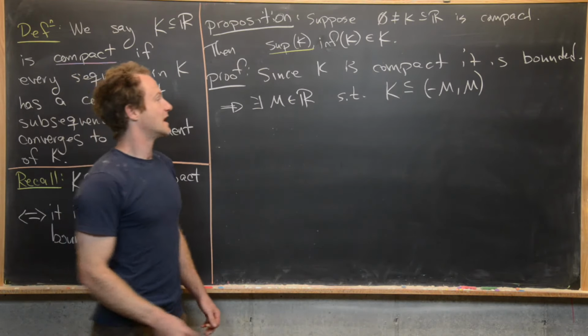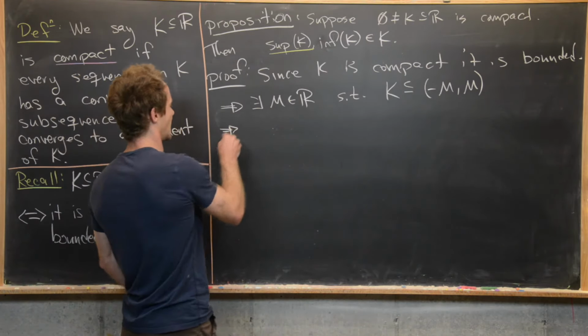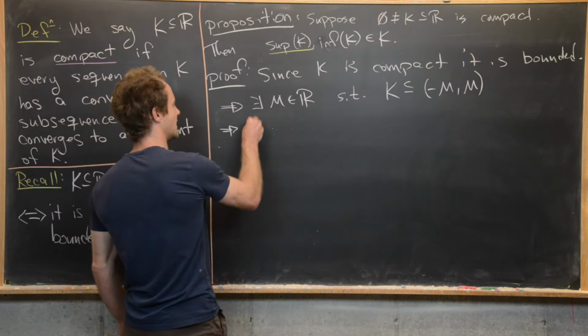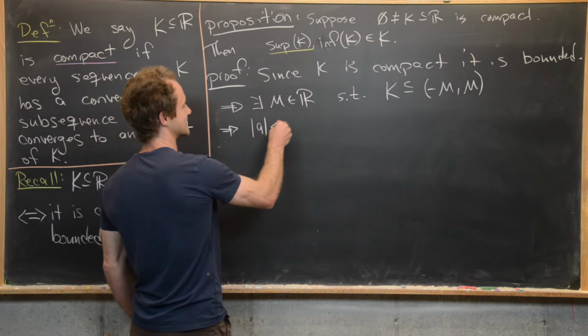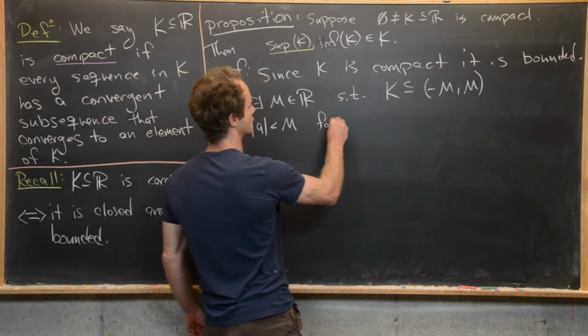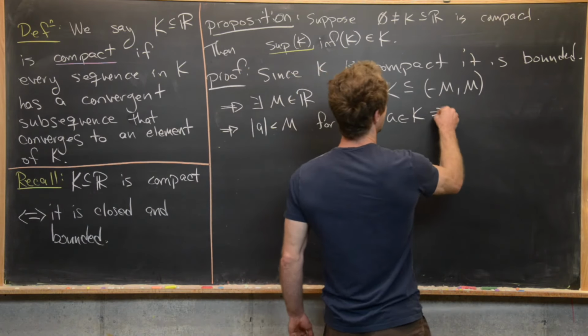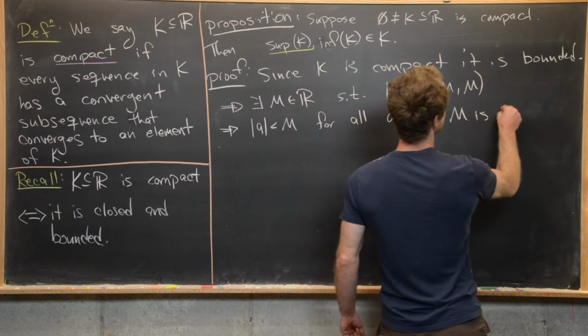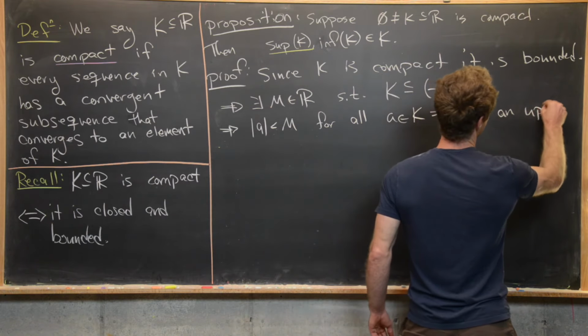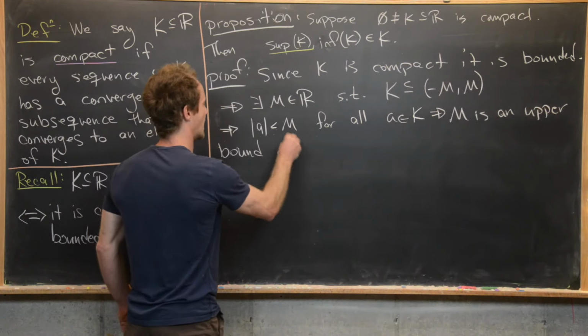Okay, great. And so now notice that this tells us that the absolute value of a is less than M, and this is true for all a in K. In other words, M is an upper bound of K.